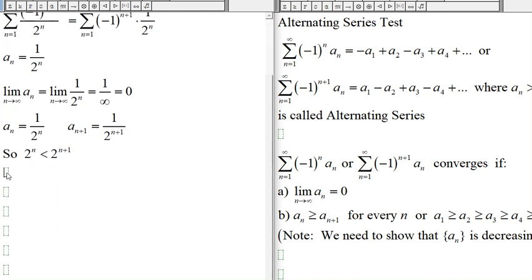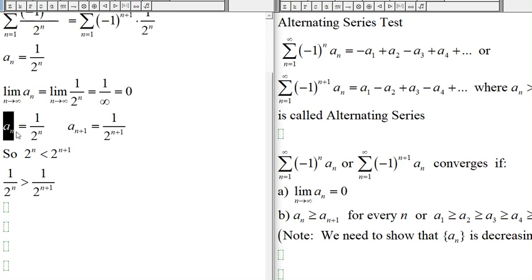And now we do the reciprocal, 1 over 2^n. And we have to reverse the inequality sign. It would be greater than 1 over 2^(n+1).